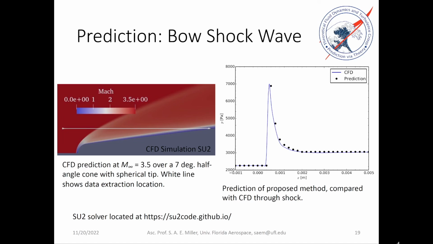On the right, we've plotted the CFD solution as a line with pressure on the y-axis and the axial distance x on the x-axis. And we've used this prediction technique to estimate the static pressure from a convolution of a Green's function with a source definition based only on the geometry and incoming Mach number. As you can see, it matches fairly well.